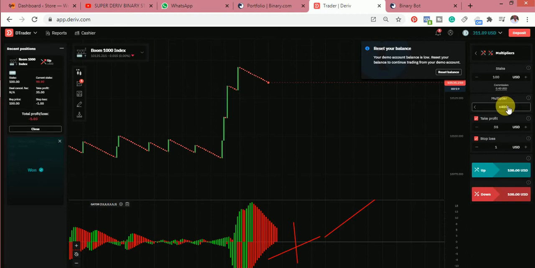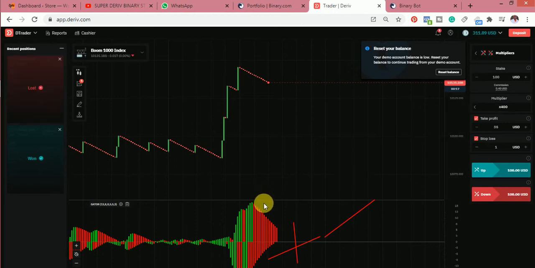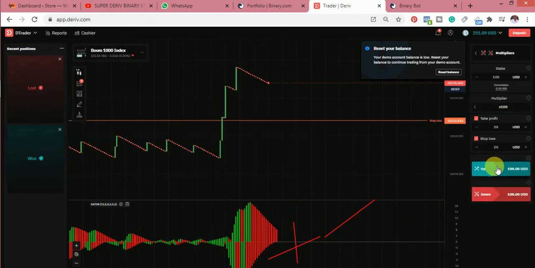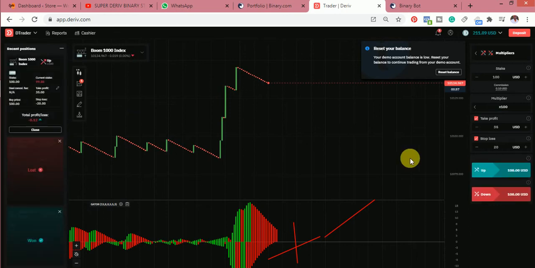So if the overlap, oh, I forgot that I placed a stop loss here. That means I have to put the stop loss to 20 and then reduce this. I'm not really expecting much from this, so place it up. If it gets to the $20 stop loss, then it will just come to a stop.